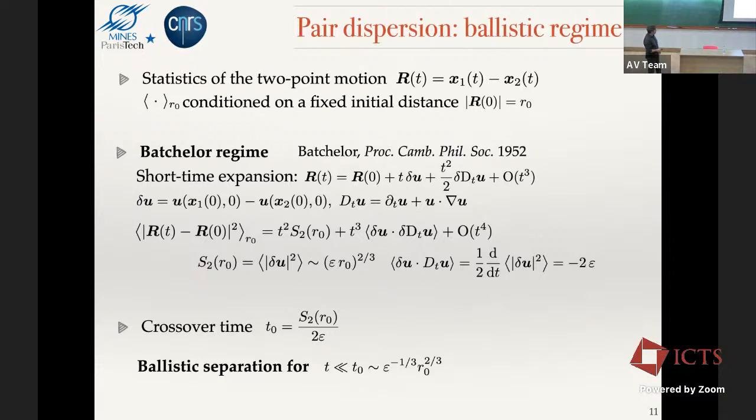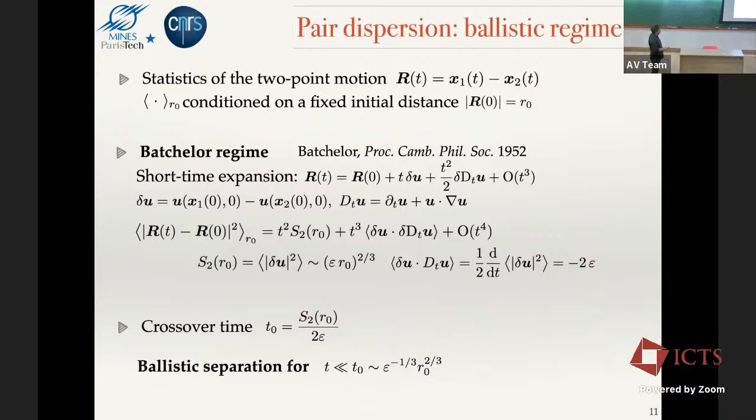Since the trajectories are at two different positions, they have different velocities, so they will start to separate ballistically with a velocity given by the difference of their velocities. If I just Taylor expand, the separation at time t will be the initial separation plus t times the increment of velocity between these two initial points.